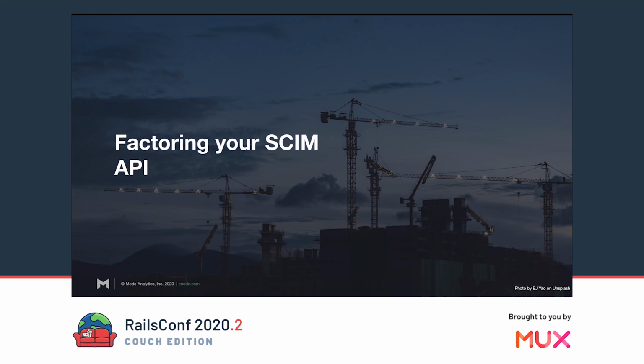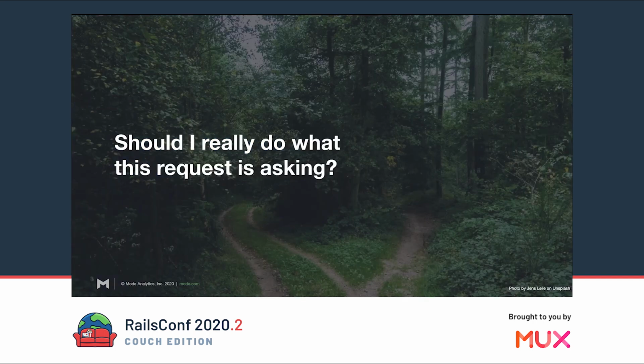Factoring your SCIM API endpoints is the hardest part of writing your SCIM API. It constantly poses the question, should I really do what this request is asking? The answer to this question lies in the permissions of your application. In our case, users belong to organizations, and organizations have domains.